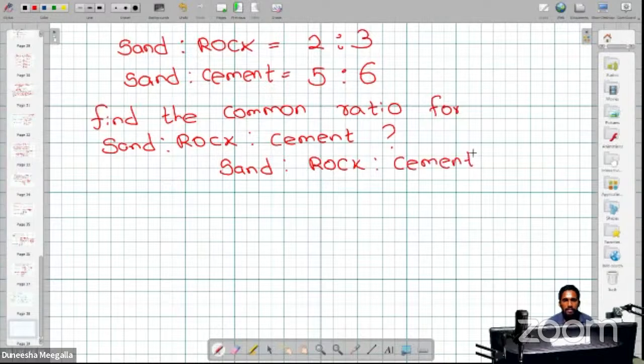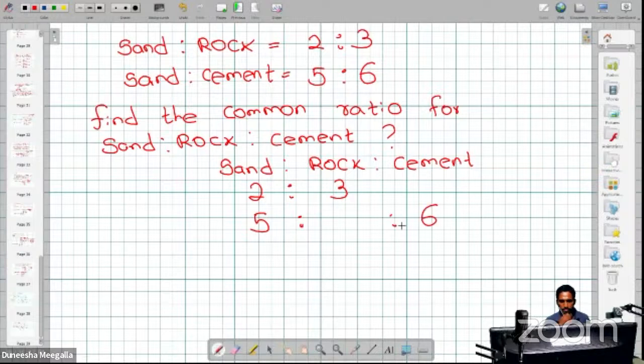Can you calculate the sand? Sand to rock, how much? 2 to 3. Then sand to cement. Sand is there, 5. 5 to what? We can get 5 to 6.